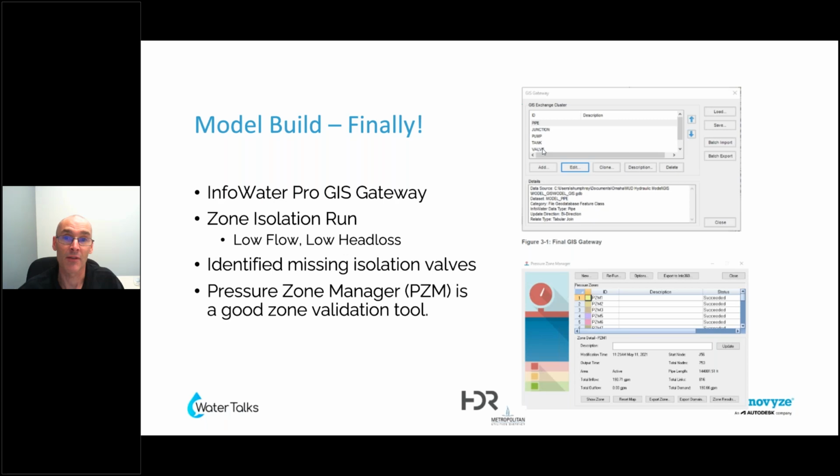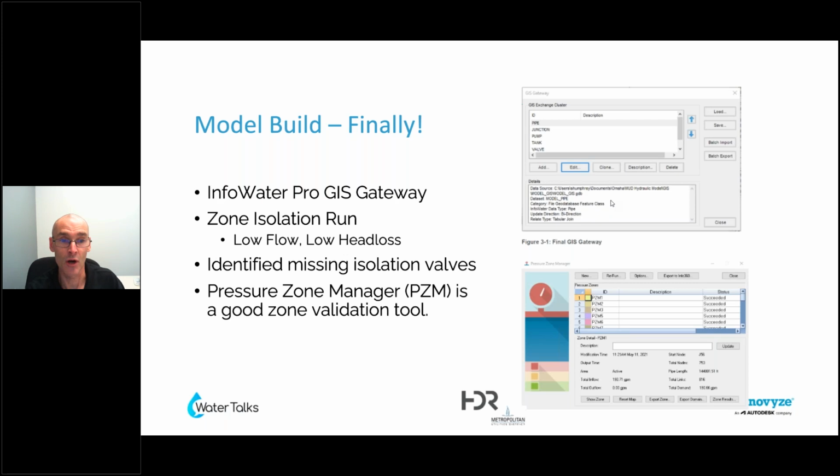And then the nice thing about the GIS gateway is then you can take this a step further and start to map from their GIS database into the model GIS database and do more of a synchronization as opposed to an import-export. So we were able to build the GIS gateway and build the hydraulic model and successfully finally get the entire model built.